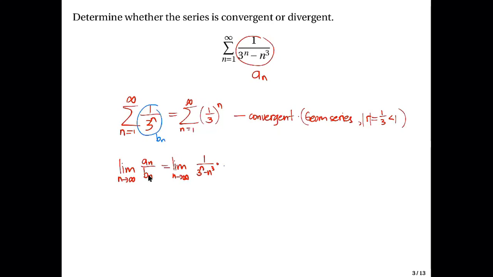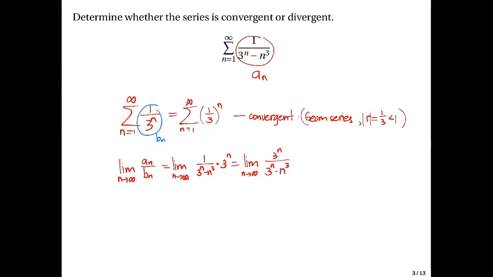Pero since nasa denominator siya, kunin na natin yung reciprocal. So, mumultiply na lang natin siya sa 3 to the n. And notice what will happen dito. Okay? We have now the limit of 3 to the n over 3 to the n minus n cubed as n approaches infinity.